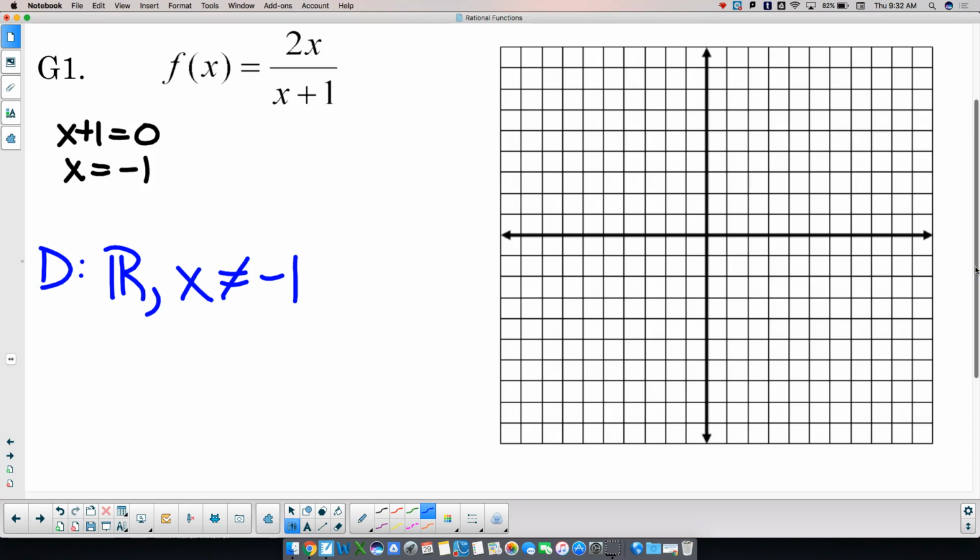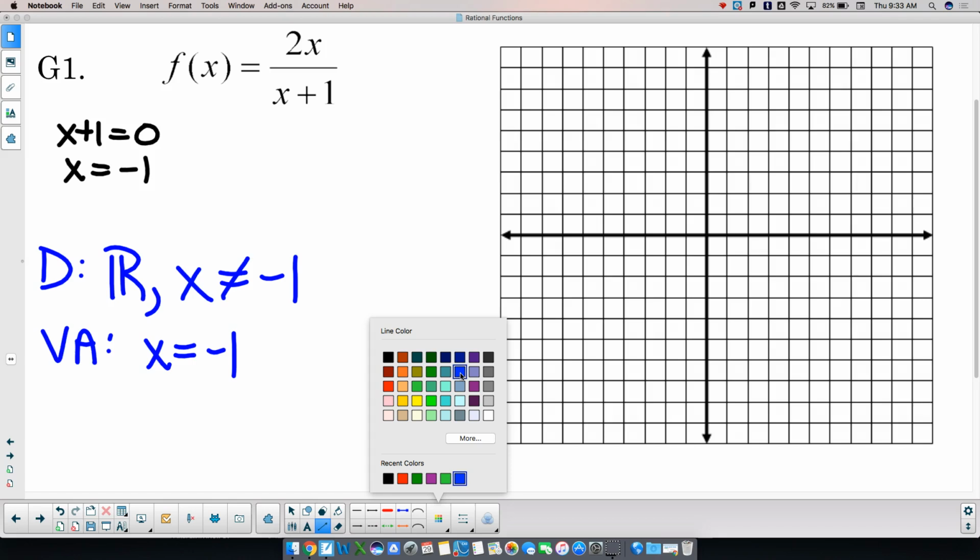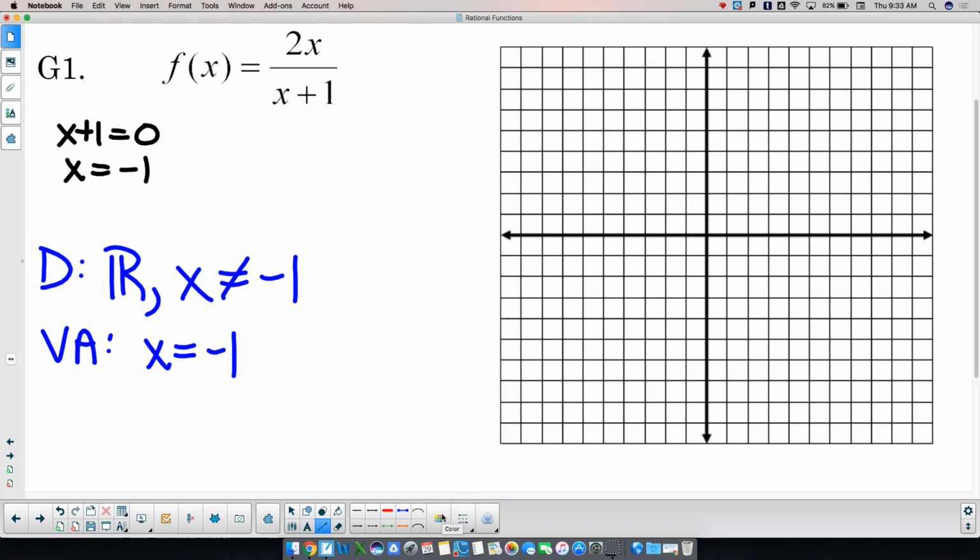That tells me what for my vertical asymptote? x equals -1 is my vertical asymptote. Now, we're going to be graphing lines, because our asymptotes are lines, so it might be helpful for you to have some kind of a straight edge also. So I am going to go to -1, and I'm going to put a line.